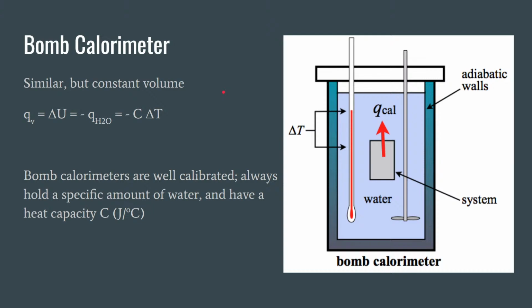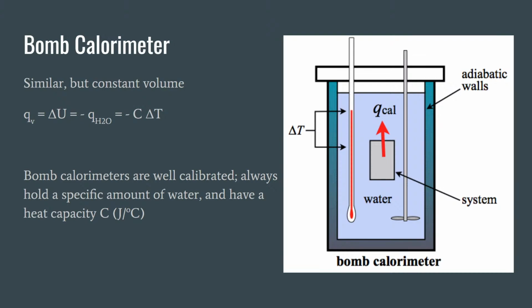Now, a bomb calorimeter is similar to the coffee cup calorimeter. It's measuring the same sort of stuff, but it's constant volume. And not only that, but these things have to be specially made, because they have to be a very solid canister in order to withstand the changes of pressure going on inside them.